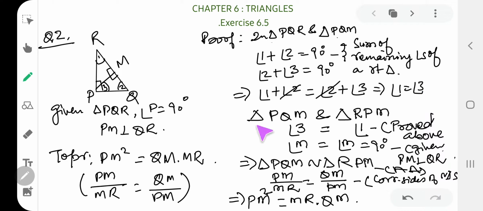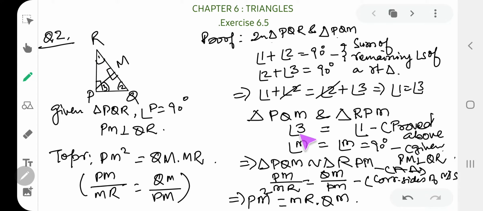Now you know we have to prove this small triangle PQM similar to triangle RPM. Now see, angle 3 of QPM is equal to angle 1 of triangle RPM.